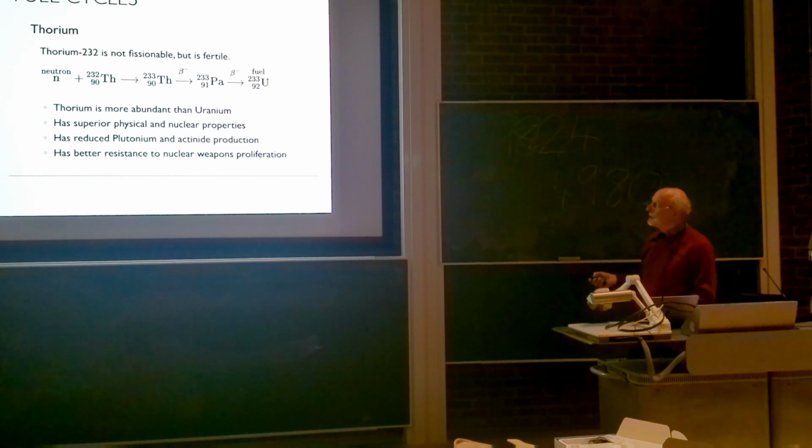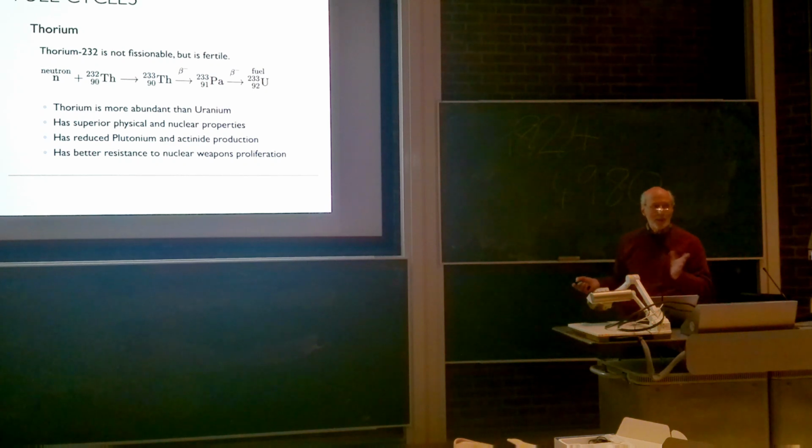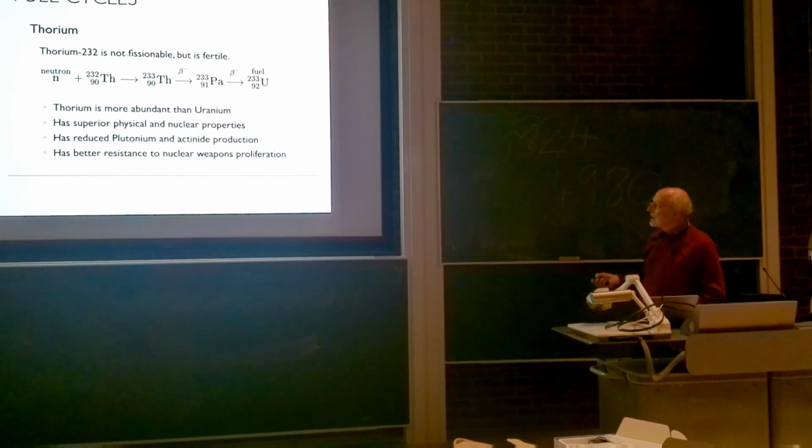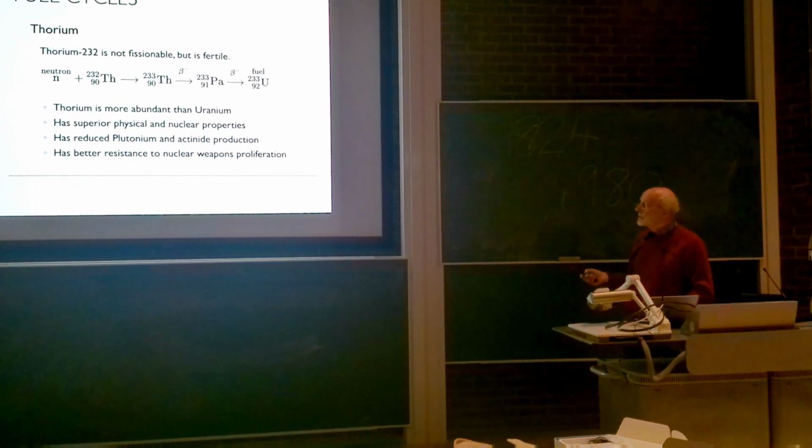In fact, thorium is more abundant than uranium, so I'm told. I'm not quite sure what the physical and nuclear properties are that are superior to uranium, but I'm again told there are some. I guess these two are related in that if you use the thorium cycle, then you don't produce plutonium.